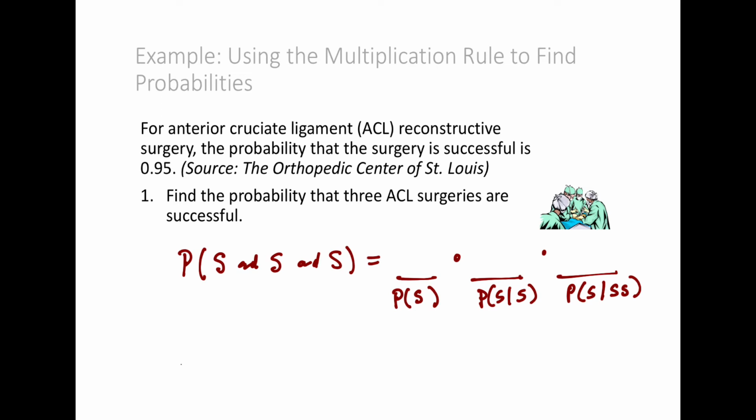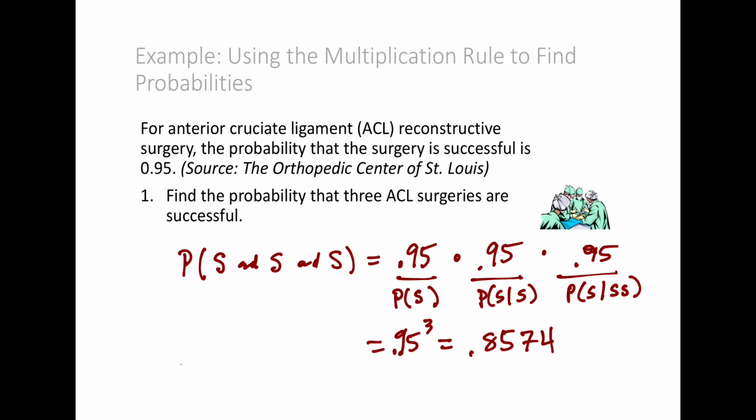Well, each independent surgery, unless one is making the doctor more tired, we could assume it really doesn't affect the next one, right? These would be considered independent events. And so really this is 0.95 times itself 3 times, or 0.95 to the third power. 0.95 to the third power is 0.857, and then we'll put 4 there.